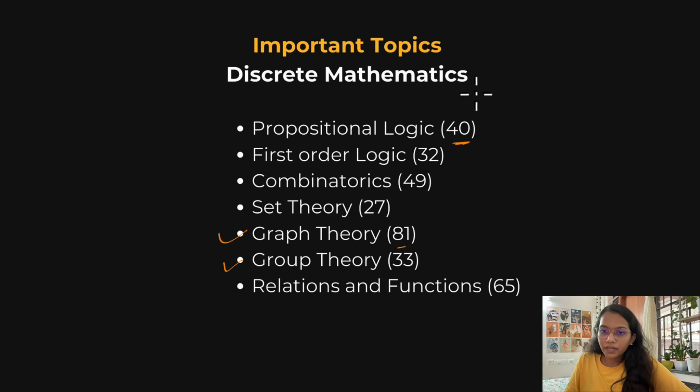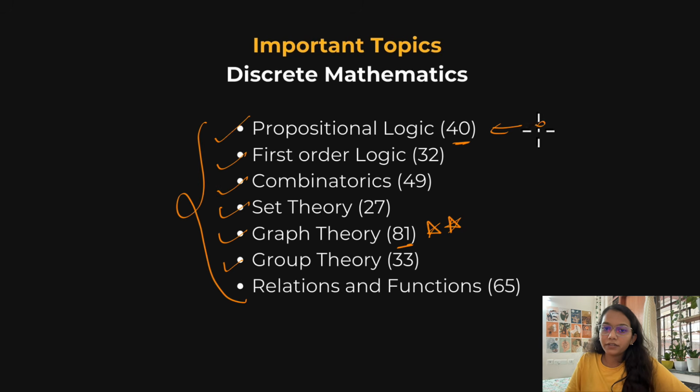From this I can say this is an easy topic that you can cover. Set theory is again an easy topic that you can cover. And relations and functions is also a very easy and scoring topic from discrete mathematics. But all these topics are really very important from discrete mathematics.